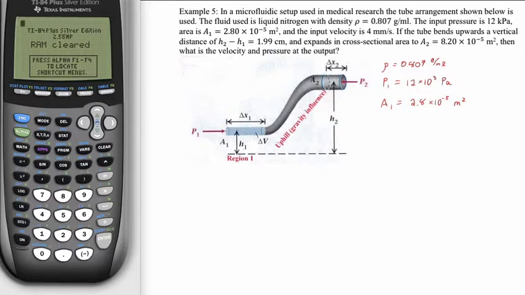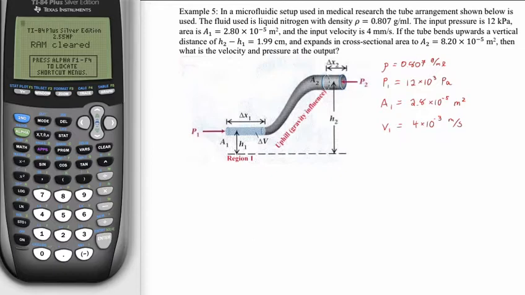And we also have the input velocity, V1, which is given as 4 millimeters per second, or 4 times 10 to the negative 3 meters per second. We need some other information to solve for what we're being asked, which is the output velocity and the output pressure.